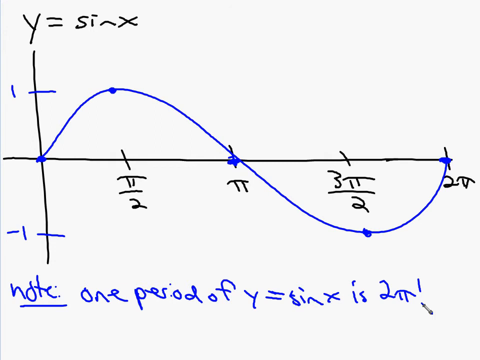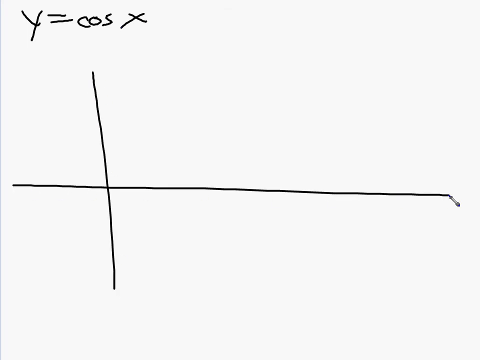All right? And the nice thing is, cosine is just like sine, but it's what we call out of phase. Cosine, I'm sorry, that's supposed to say cosine. Cosine of x is just like sine of x. It still has a period of 2 pi.